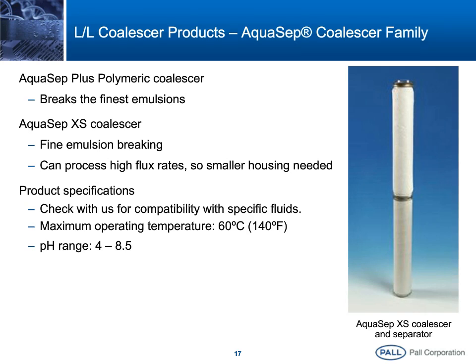The Sept family of products can be used to break emulsions with interfacial tensions as low as 1 dyne per centimeter. There is a special coalescer called the Sept XS within this family. It can take very high flux rates, so you need fewer elements to do the same job, and it's our newest coalescer.